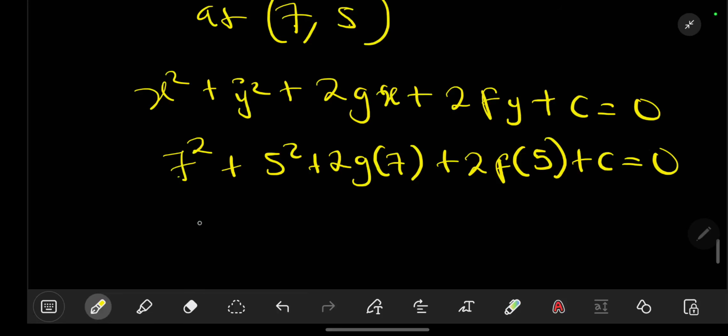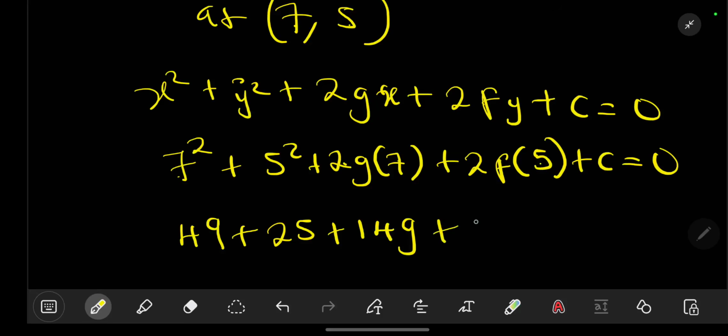So 7 squared is 49 plus 5 squared is 25 plus 2 times 7 is 14g plus 2 times 5 is 10f plus c equal to 0.